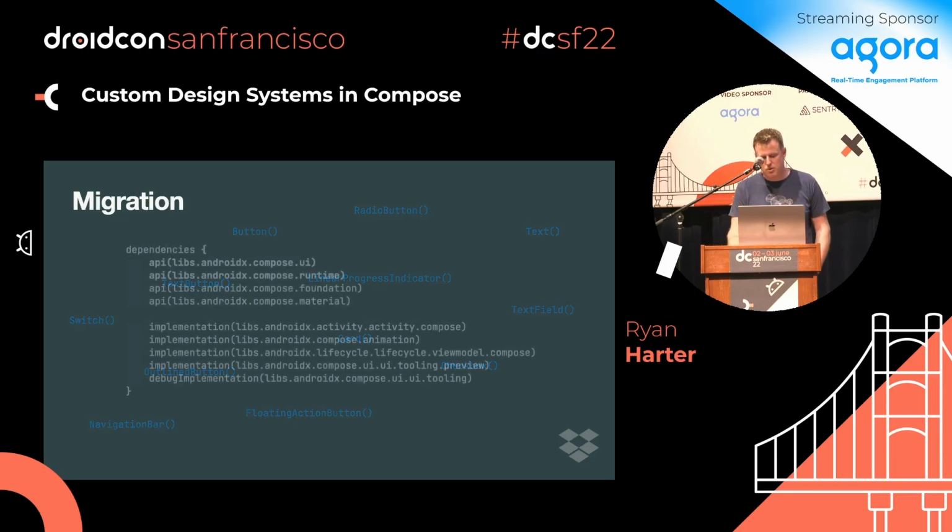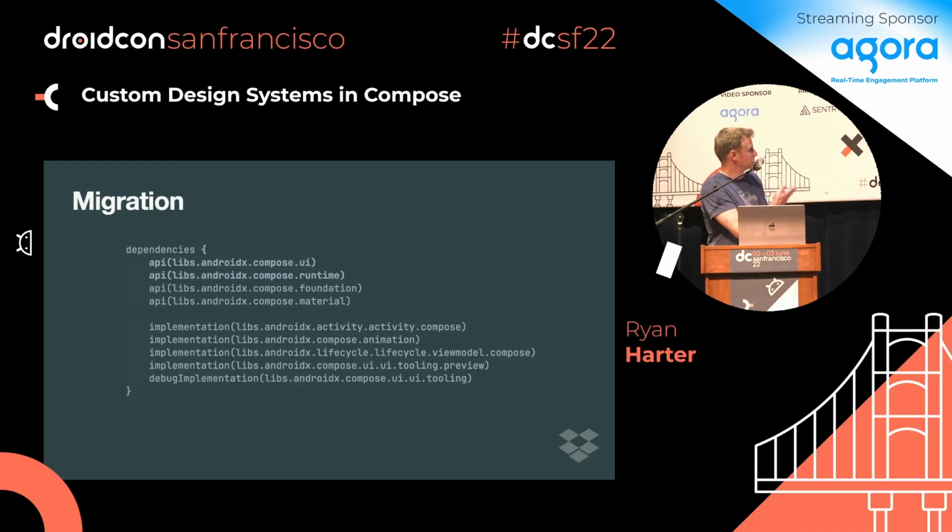And so right now, what we have in our Gradle file, in our dependencies, looks like this for our design system module. You'll notice Compose Material there as an API dependency, because that's something that all of our product engineers are going to be using, the Material components within there.